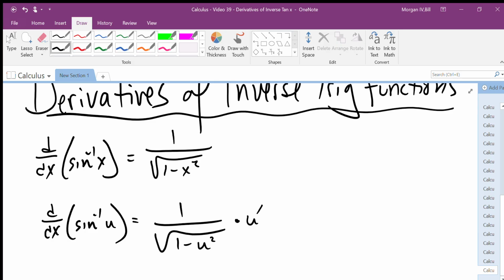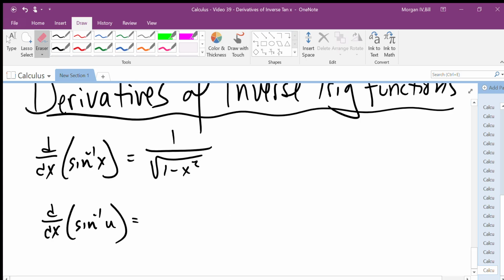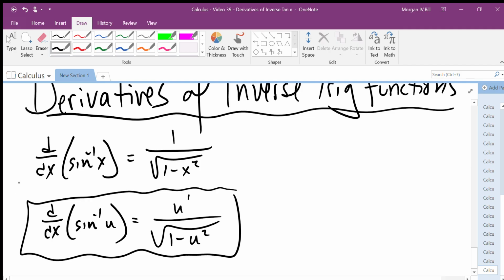And so we'll just take this u prime and bring it up to the numerator here. And so what we often think about is the derivative of the inverse sine of u is u prime over square root 1 minus u squared. And honestly, that's the one that I want you to remember when you're thinking inverse sine of u. The derivative of inverse sine of u is u prime over square root 1 minus u squared.